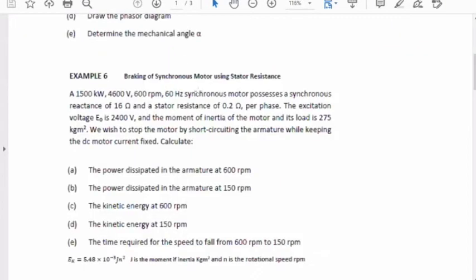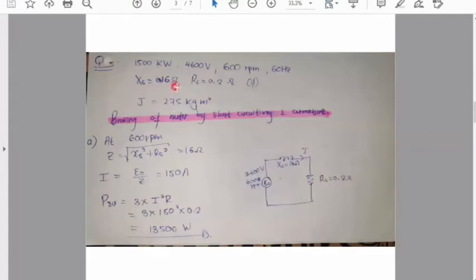Yes, E naught is given to us to be 2400. I didn't write it here. Yes, it's 2400 divided by Z. And Z is 16. So your answer comes to 150 amps. If you want to take down the notes for this substitution, it's 2400 divided by 16, giving you 150 amps.